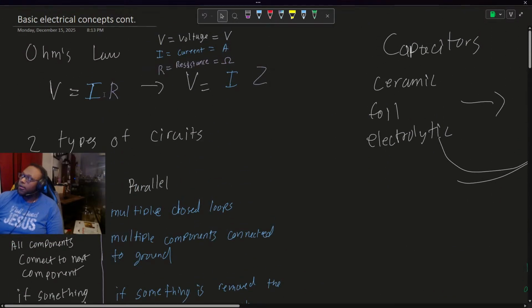If there's zero resistance, there is no voltage. If there's zero resistance, there's an infinite current flow, which doesn't exist. It can't happen. It would essentially come out to 2 over 0, which does not exist. It's undefined. So that's why you can't have zero resistance.